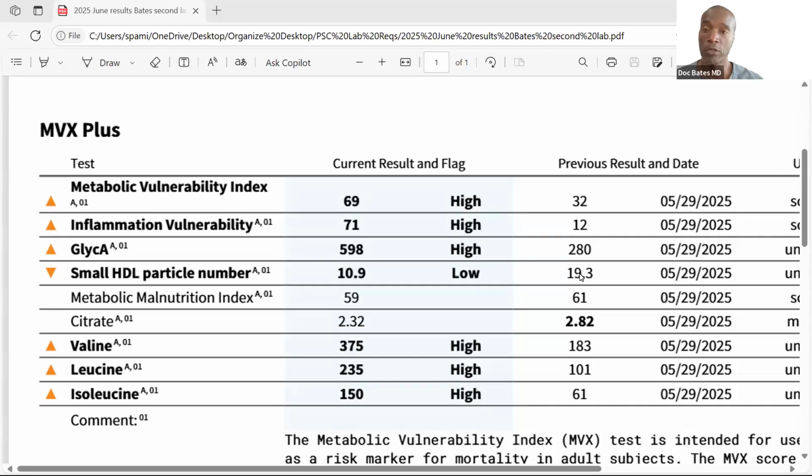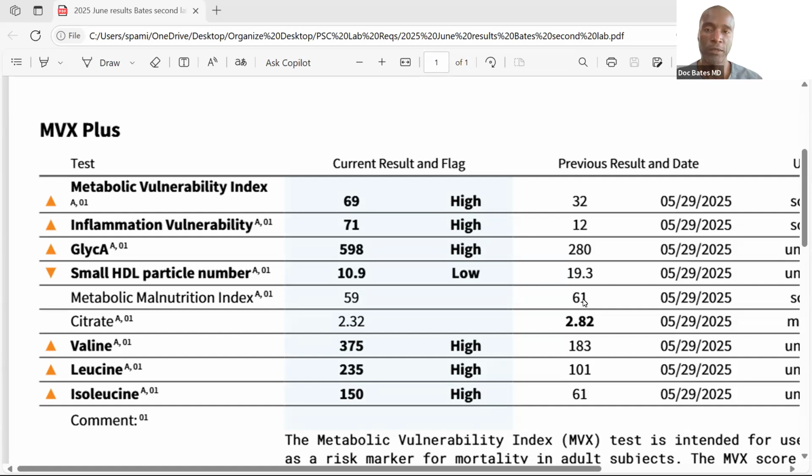The small HDL particle is a reflection of certain toxins that are challenging the biochemistry or the physiology. The glyc-A is a reflection of inflammation and infection in the organism. So then the third is the metabolic malnutrition index. So we see here on the 29th of May, this was 61.